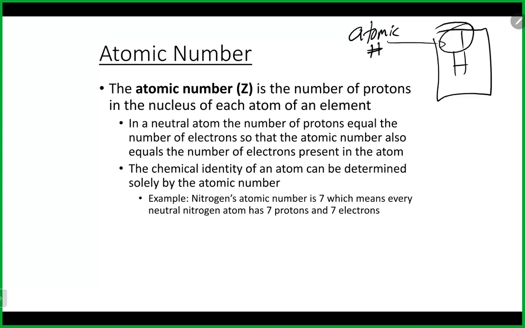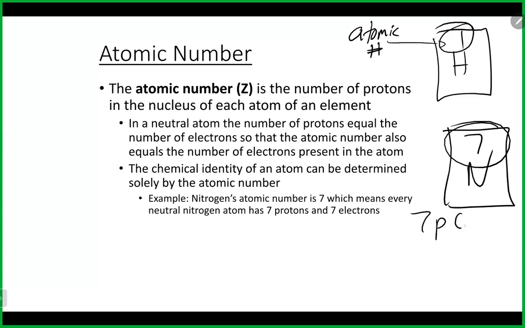So if I have, like it says there, nitrogen, and I go to the periodic table and I find N, which is nitrogen, I will see the lucky number 7 on top. That means it has 7 protons, which are positively charged. And if this was a neutral nitrogen, it will have 7 electrons, 7 positives, 7 negatives, giving you no charge overall, right? It equals 0.